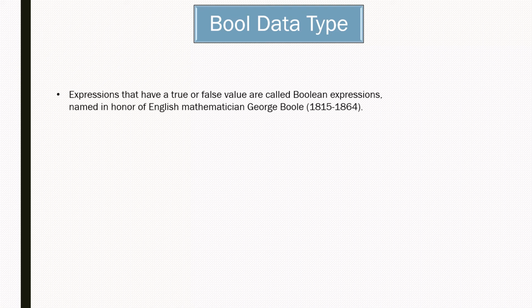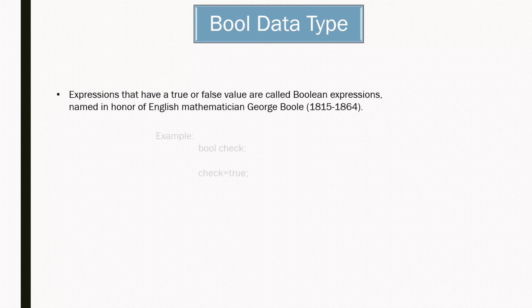So our last topic is the bool data type. Boolean variables are set to either true or false. Expressions that have true or false values are called Boolean expressions, named in honor of English mathematician George Boole. The bool data type allows you to create a small integer variable that is suitable for holding true or false values.